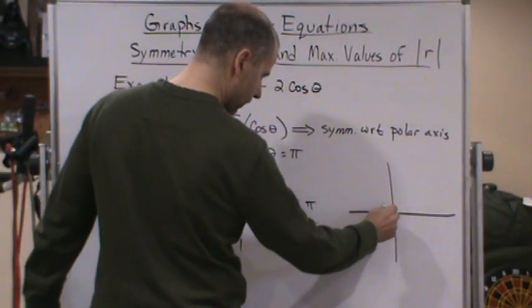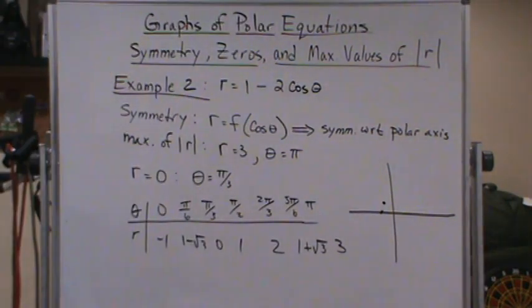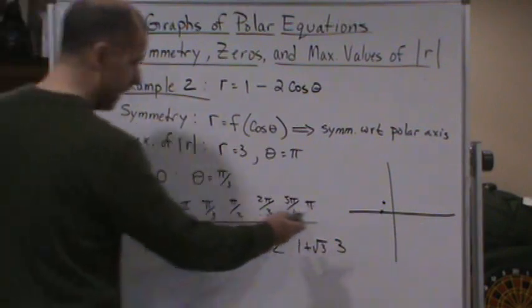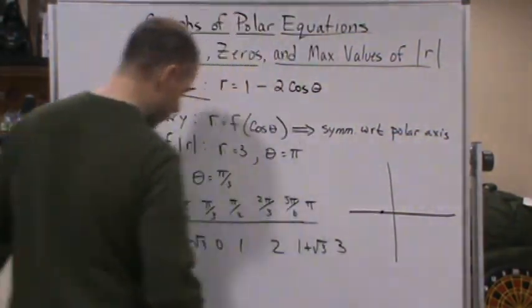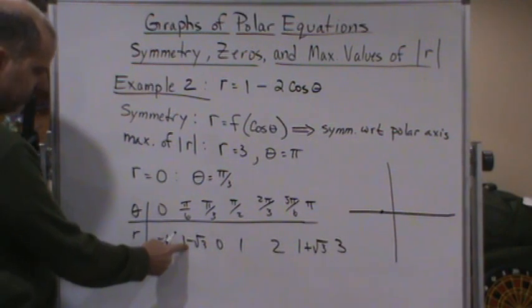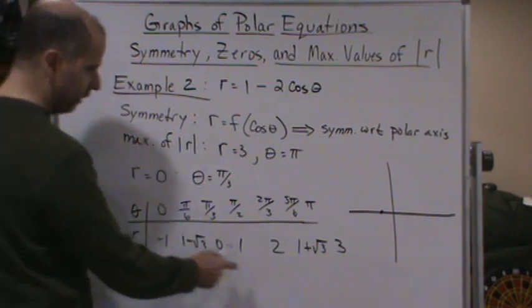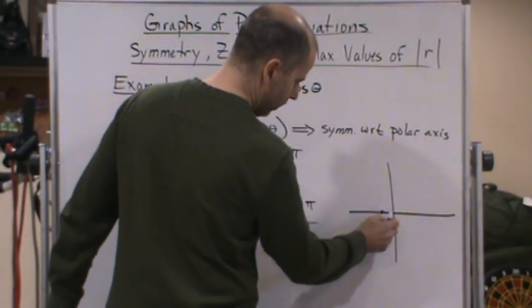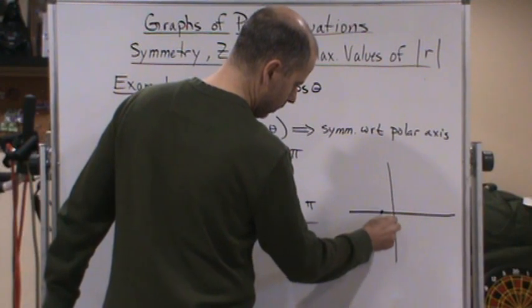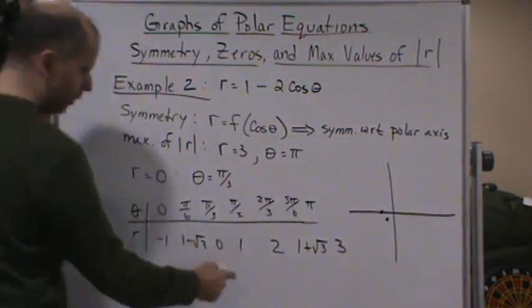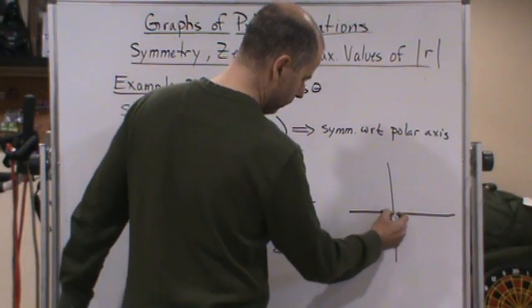So we're going to be over here, let's say. So at pi over 6, oops, hold on, wrong way. So you've got to think about this. At 0 we're at negative 1, at pi over 6 we're still negative. So pi over 6 is over here, which means we're going to be like there. And then at pi over 3, we're at 0.